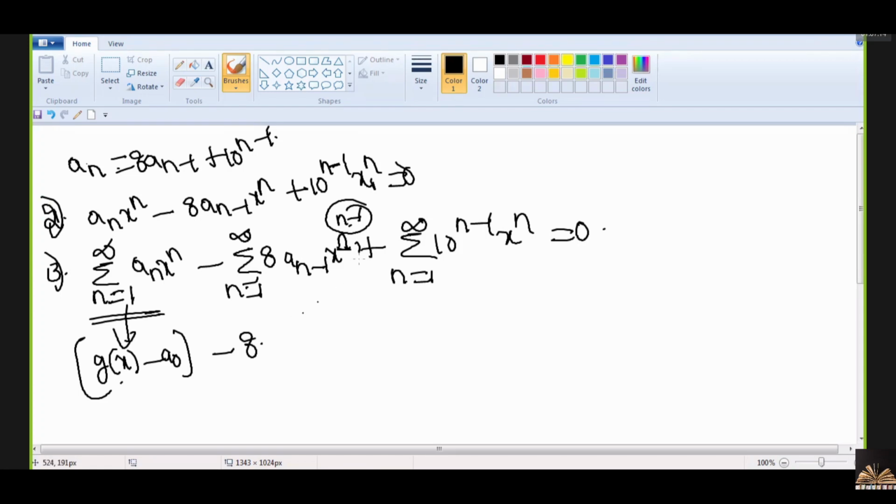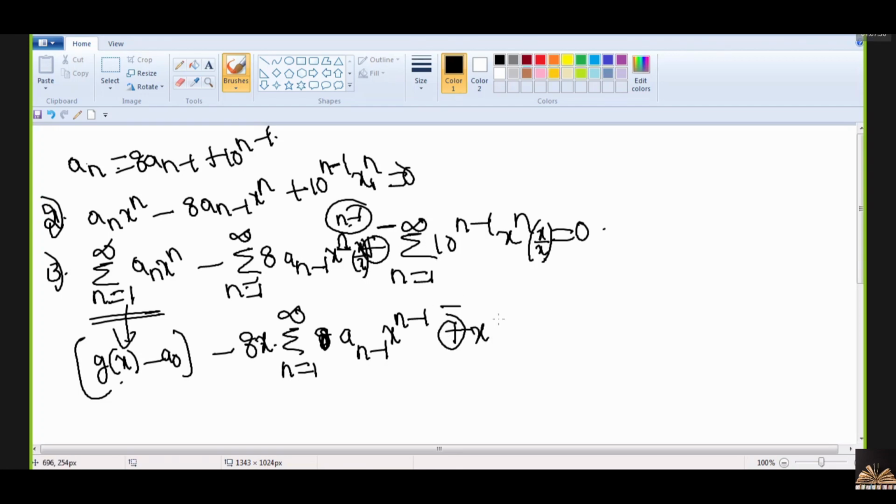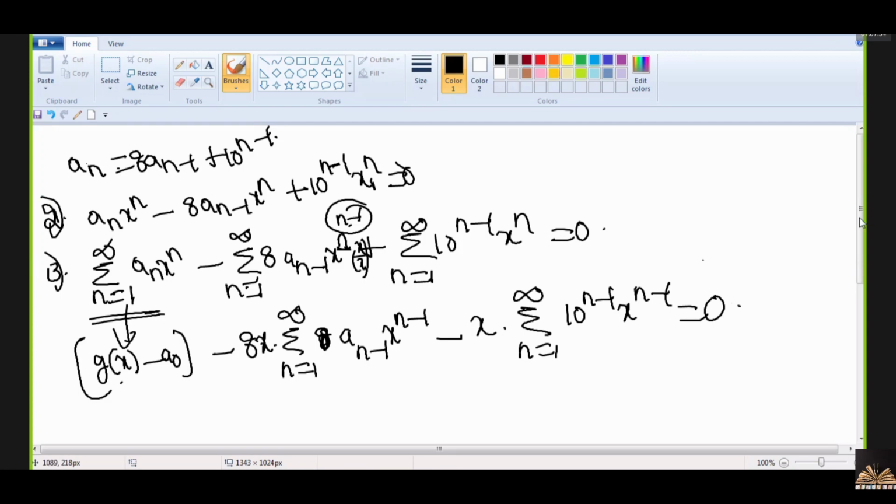So you can multiply and divide with x. Therefore you will get minus 8x into summation of n equal to 1 to infinity a n minus 1 into x power n minus 1, and same thing here, you can multiply and divide with x, therefore you will get minus x into summation of n equal to 1 to infinity 10 power n minus 1 into x power n minus 1 is equal to 0. a0 value is given as 1.